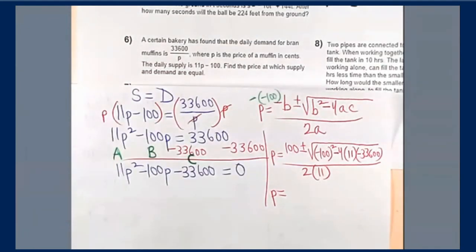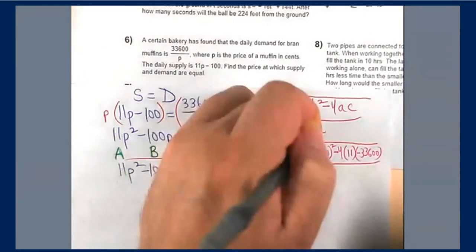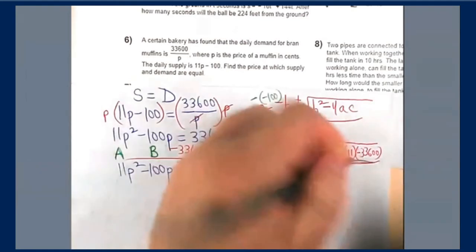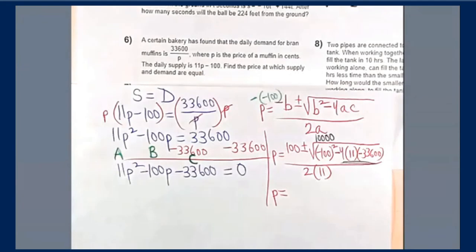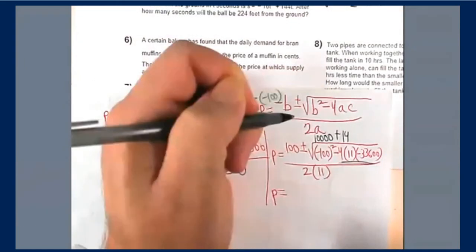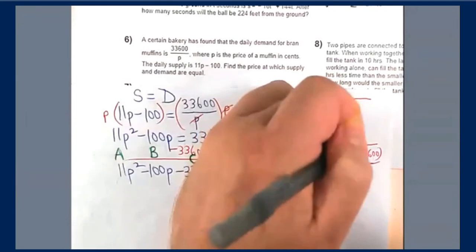Now let's calculate the discriminant, or everything under the radical. So negative 100 squared is 10,000. And when you multiply your last 3 numbers, you get 1,478,400.